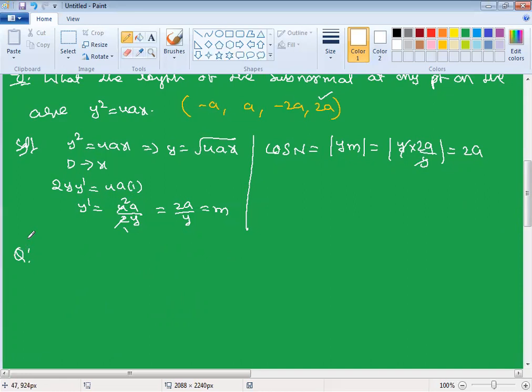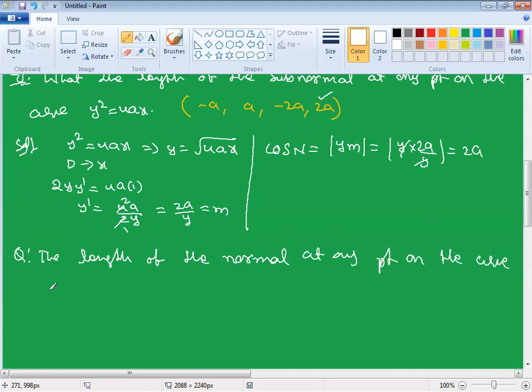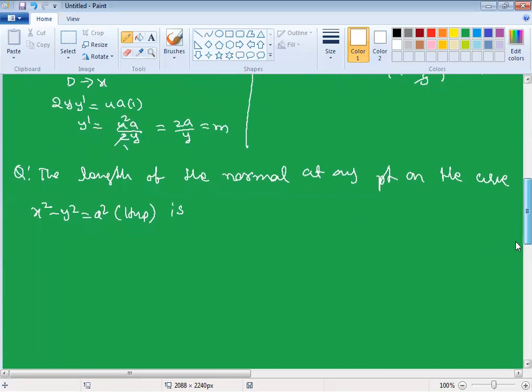The length of the normal at any point on the curve x square minus y square equal to a square, which is a hyperbola, is... the options are given here.